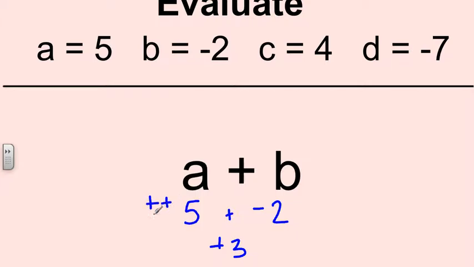If I count it out or list it out, my 5 values here and my 2 values here, my 0 pairs would cancel out. 1 0 pair, 2 0 pair, and I'd be left with a +3.